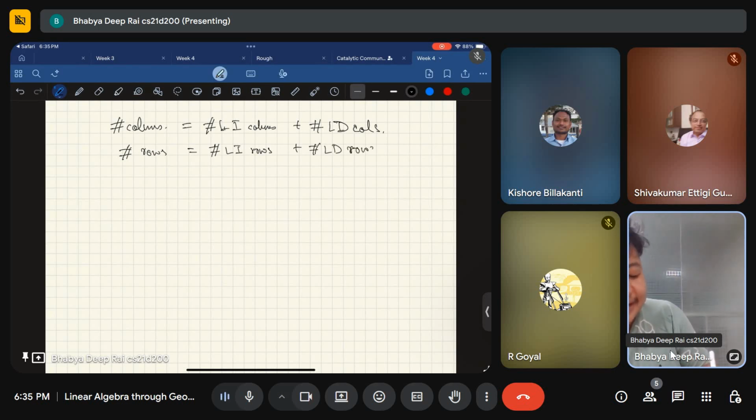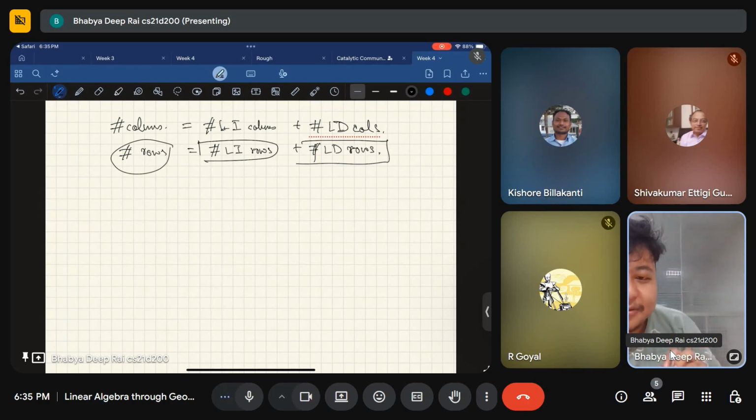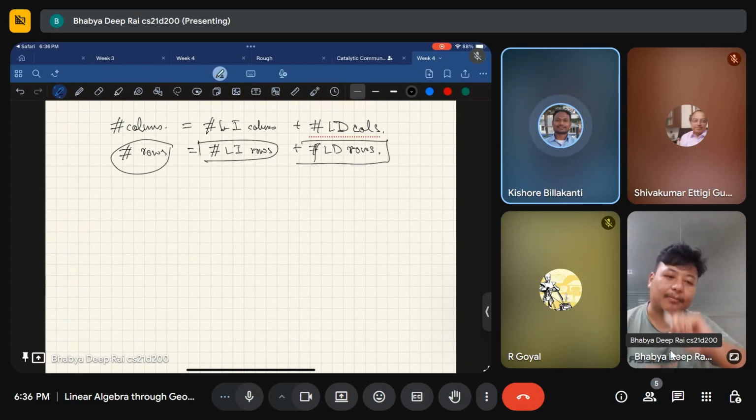It's either one or the other. So if Gauss-Jordan tells you the number of linearly independent rows, it will tell you the number of linearly dependent rows also, because you know the total number of rows, and equivalently for columns. So subtracting from the total number of rows, you will get the dependent ones. That's the logic, right? Yeah, that's the logic.